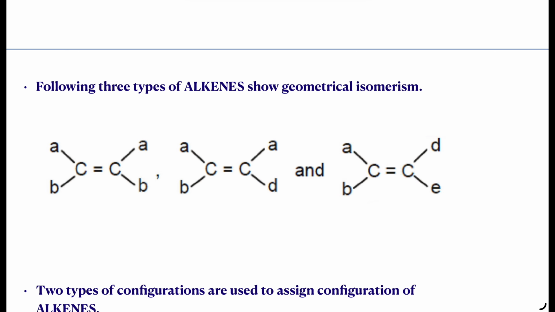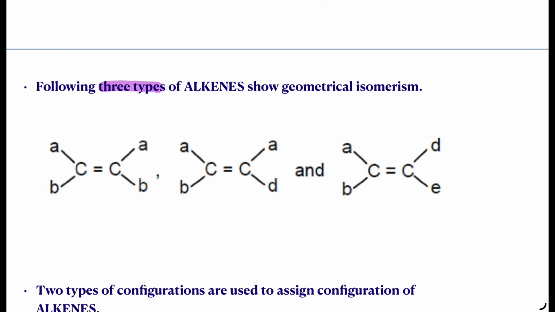If you see the three types of alkenes, I will be reading these alkenes as AB structure: AB groups on the first double bonded carbon, AB groups on the second double bonded carbon.